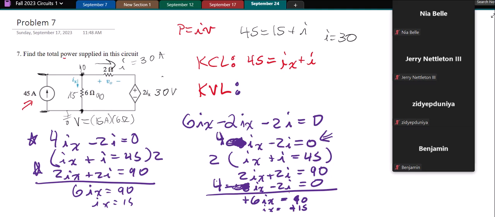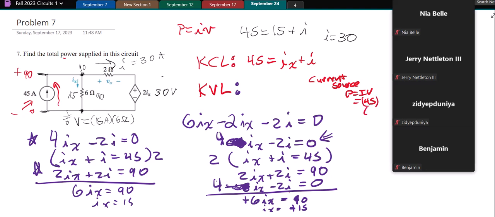So I want to pay attention to what direction the current is going. We have the current through the current source going the direction it says it's going, and we had that this side was 0 and this side is 90. So this is the minus side and this is the plus side. So the power for the current source: P equals IV. The current is 45 amps, that's given.